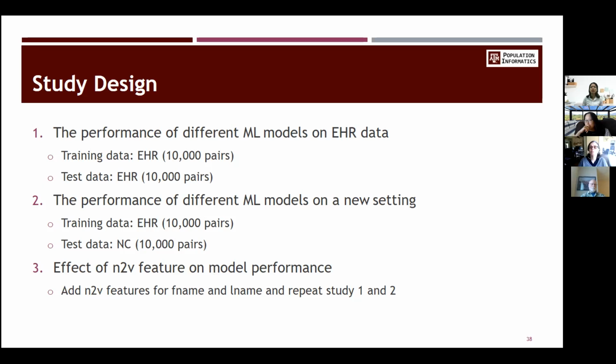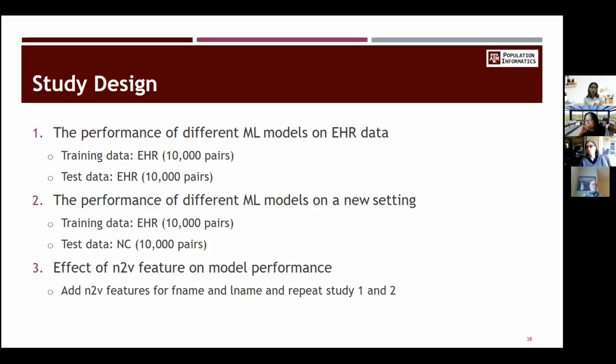We designed 3 experiments to answer our 3 research questions. The first one is comparing the performance of different machine learning algorithms. In this experiment, we only use EHR data. We use 10,000 pairs of EHR data as training set and 10,000 pairs as test set. The second experiment is to compare different machine learning algorithms in terms of transferring to a new setting.